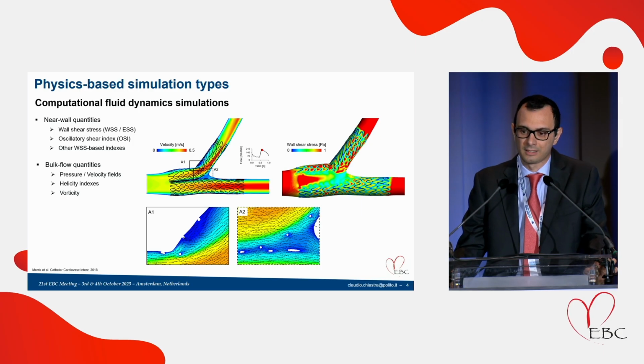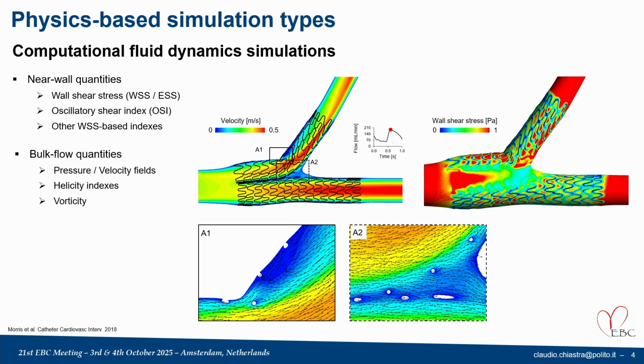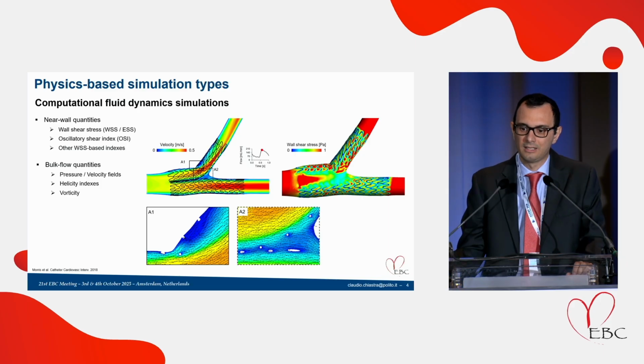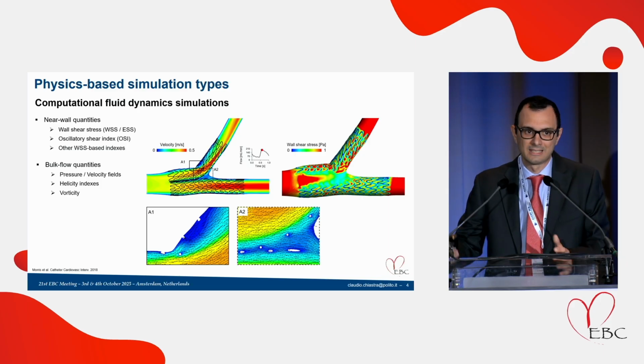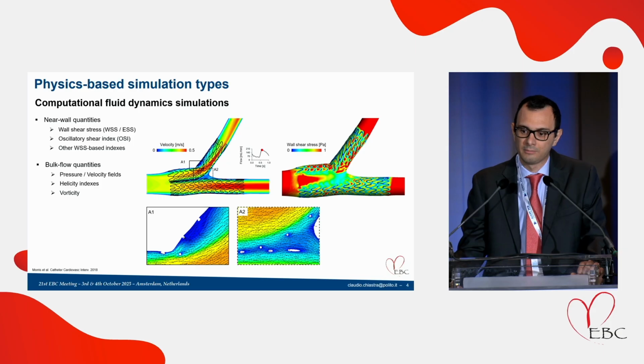In this example, you can see a coronary bifurcation treated with kissing stenting with two inner channels with increased velocity of the blood because of the presence of the metallic carina. On the right, you can see the corresponding wall shear stress contour map with blue values, which indicate a very low value of wall shear stress, which can be linked to the risk of in-stent restenosis. And at the bottom, you can see the recirculation zones, for instance, at the level of the metallic carina.